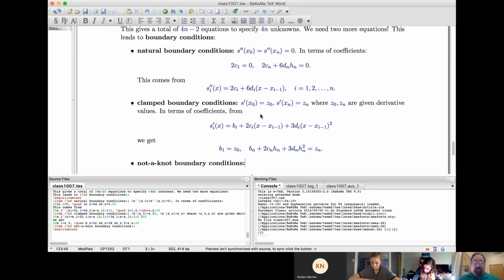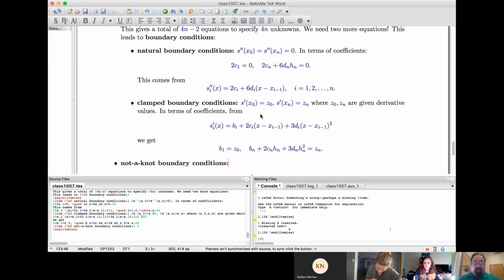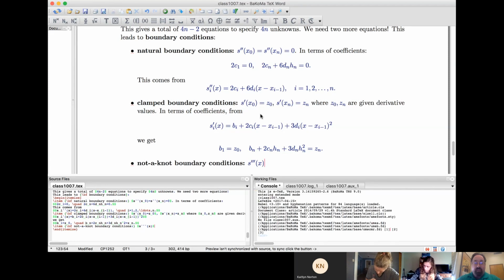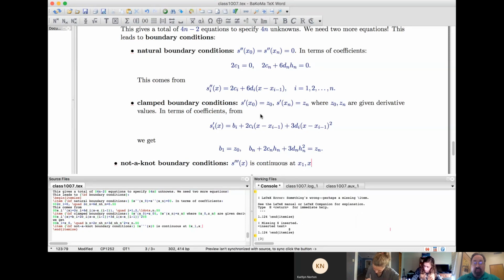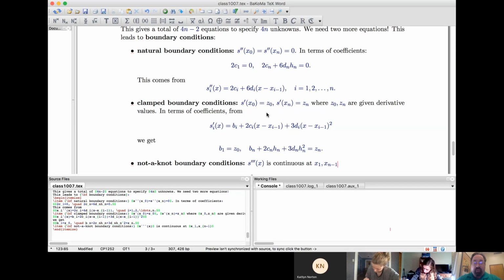That specifies that S triple prime, the third derivative, is continuous at the points x1 and x_{n-1}. So at the leftmost and rightmost interior points, we have even more continuity. First and second derivatives are continuous throughout, and then at these points near the boundary, the third derivative is also continuous.